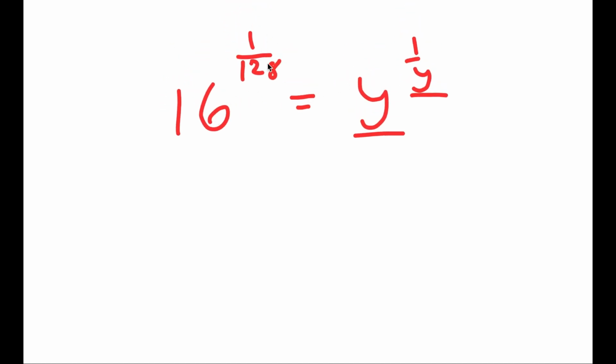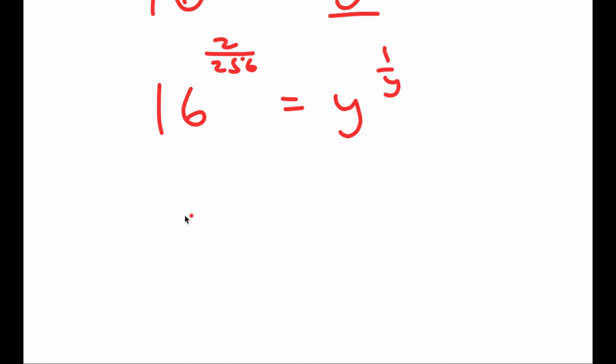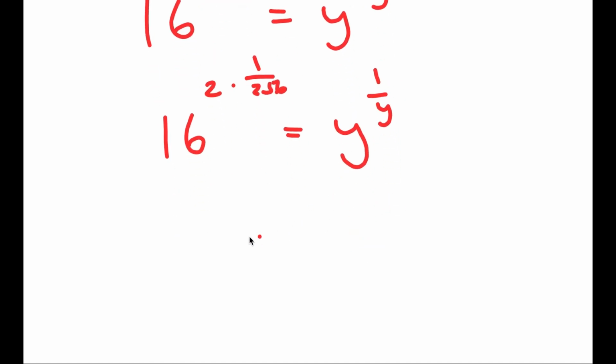So 1 over 128 is now the same thing as 2 over 256. And 2 over 256, I can rewrite as 2 times 1 over 256, which is equal to 16 squared to the power of 1 over 256.